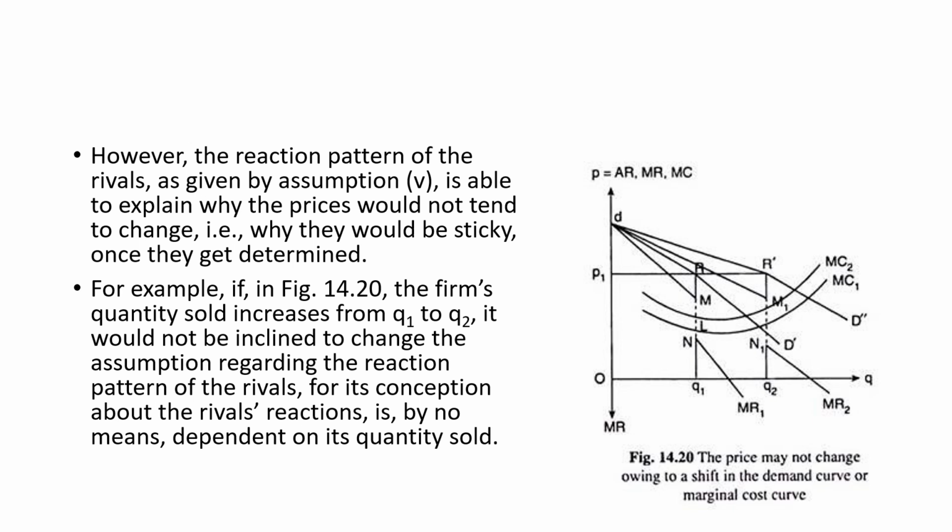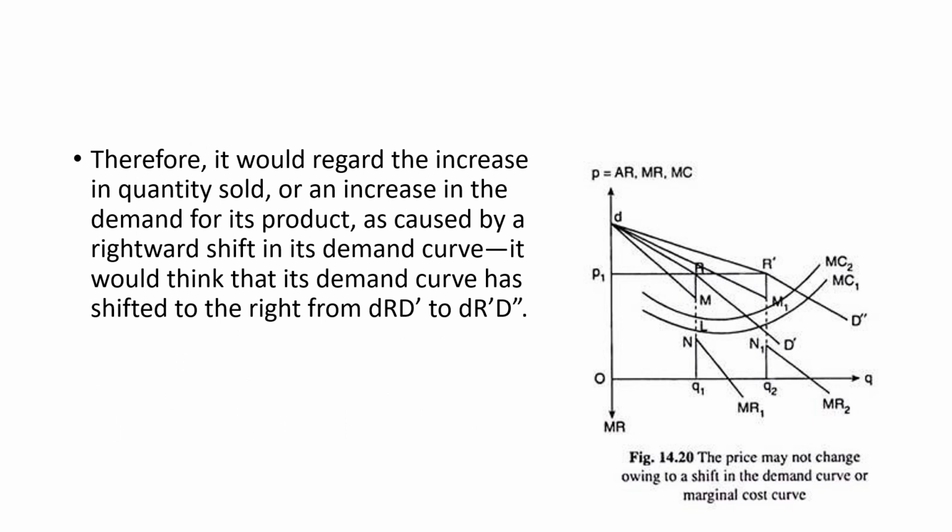So if you take an example and look at the figure here, you could see that the firm's quantity sold increases from Q1 to Q2. It would be inclined to change the assumption regarding the reaction pattern of the rivals, for the assumption about the rivals' decision is by no means dependent on its quantity sold. So it would regard this increase in the quantity sold, or an increase in the demand for this product, as caused by a rightward shift in the demand curve.